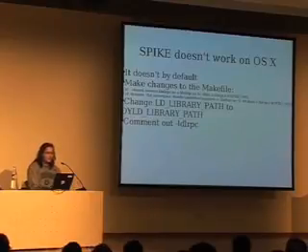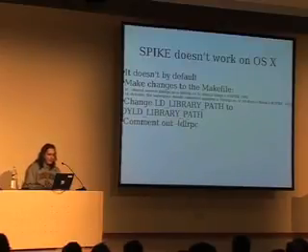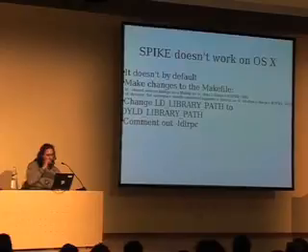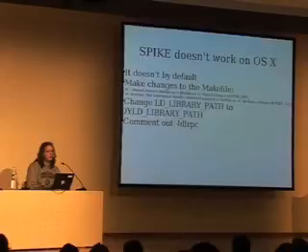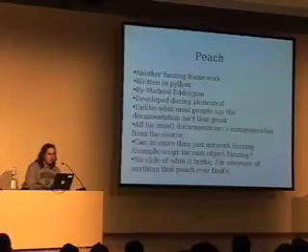The only thing you have to do to get it to work on macOS is change some of the arguments to the linker, change the LD library path to DYLD library path, and comment out LDL RPC. Then Spike just compiles on macOS, and you can do whatever you want with Spike on macOS, and you're not restricted to using Linux. Right, so that was Spike.